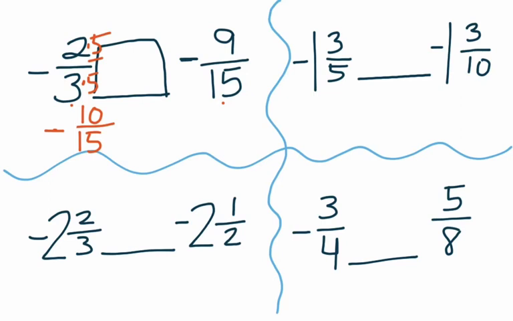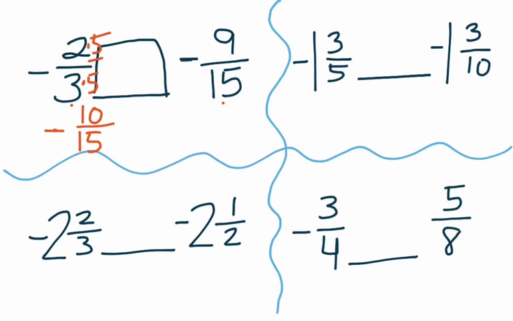So kind of the tips I typically give for fractions, one way you can think about this is think about them in positives. Think about 10/15 and 9/15. We're going to forget about those negative signs for a second. So if we just think of 10/15 and 9/15, most of us know right away that 10/15 is greater than 9/15. However, since they're negative, and negative means opposite, okay, negative is opposite.